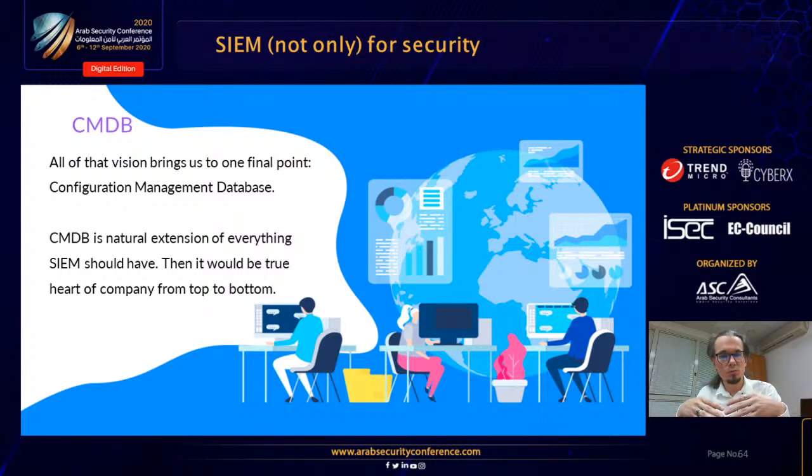And now, basically having all that, the natural thing to evolve into is configuration management databases. So SIEM, like I've shown you, can monitor many aspects of infrastructure, of applications, of security, business, and so on.